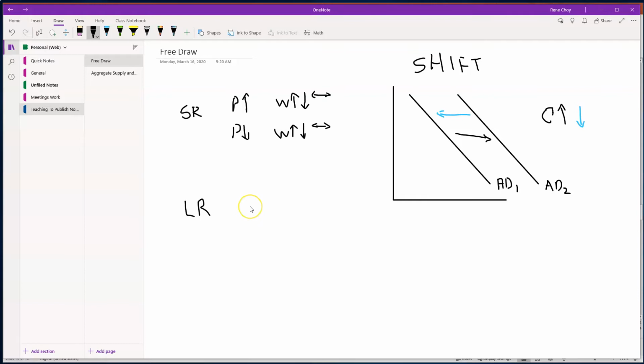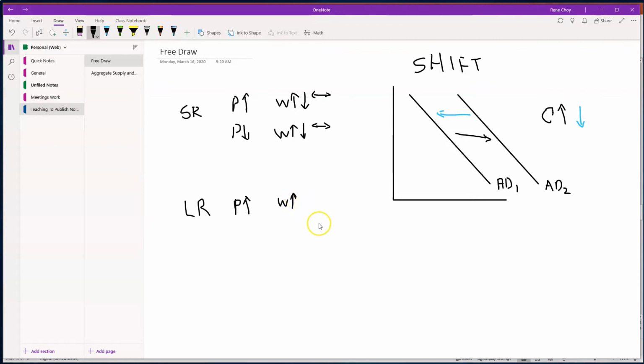The long run is a very particular thing that we tend to notice in general over long time periods. This particular behavior is a direct relationship between prices and wages. So every time you see prices going up in the short run, what we tend to see in the long run is that wages will follow by going up.